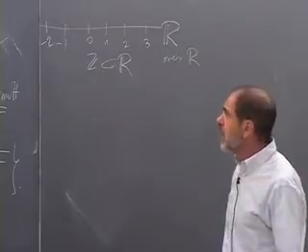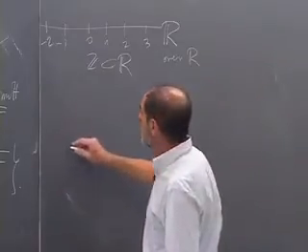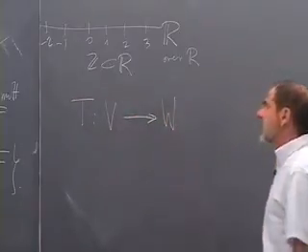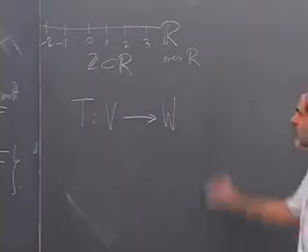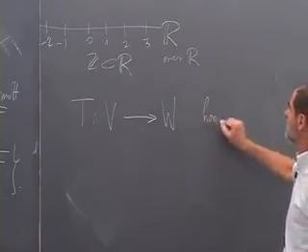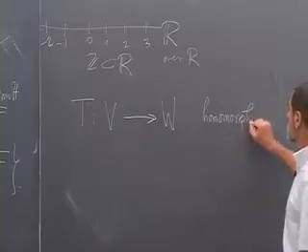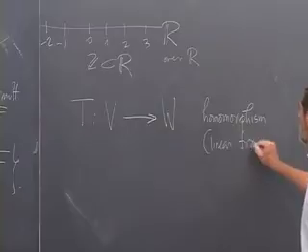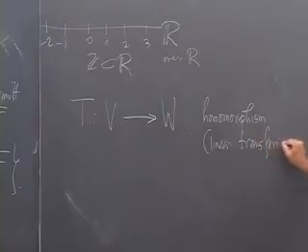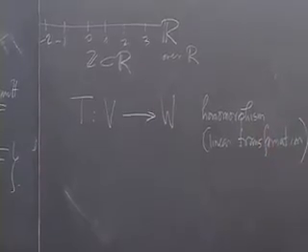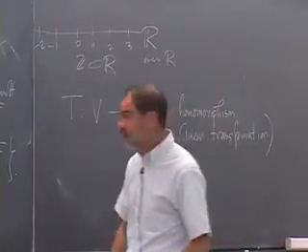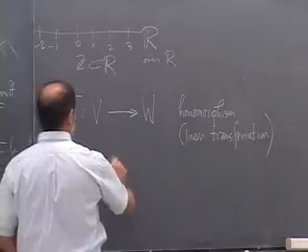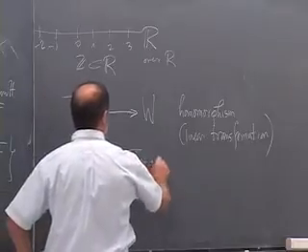Okay? And also the notion of a homomorphism is the notion of a linear map. So if I have a map between two vector spaces, we say it's a homomorphism or a linear transformation, provided, first of all, it's a group homomorphism: T of v plus w is T of v plus T of w.